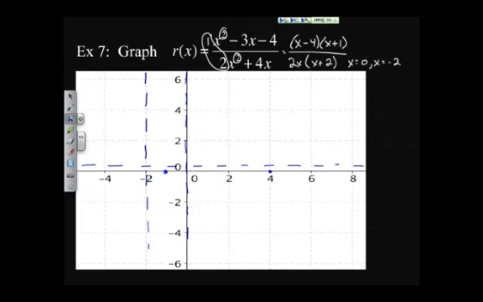Once we have that information, we want to make our little t-chart. So we need a couple points to the left. Let's go with -3 and -4. And then we need maybe one more point in the middle. Let's go with -1/2. And then we need one more point to the right. Let's just go with what's convenient, 1.